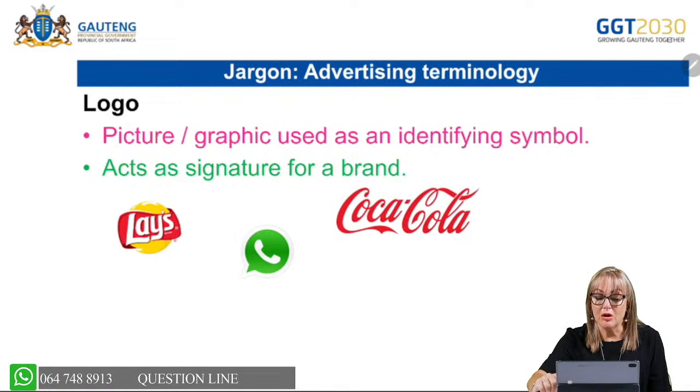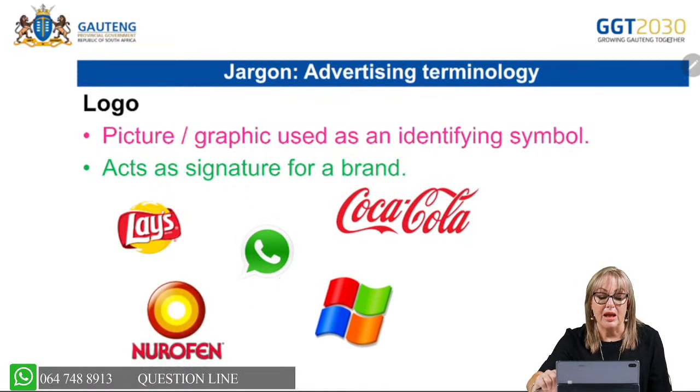That's a Coca-Cola logo. There's the Microsoft one. And that one is for pain medication. So if you see these logos, you immediately recognize the product. And it's very important. They try to get a logo associated with their product.